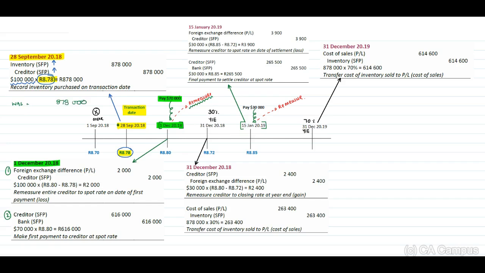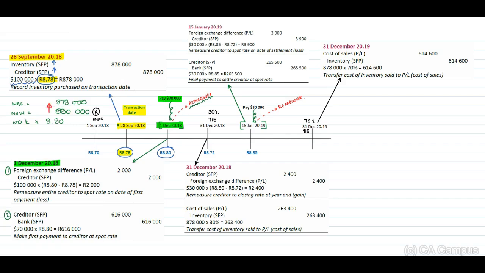And what is the value now? Our value now will be the 100,000 times the 8.80. When you look at our timeline, our spot rate on 1 December 2018 is 8.80. Therefore, our value now will be 880,000.